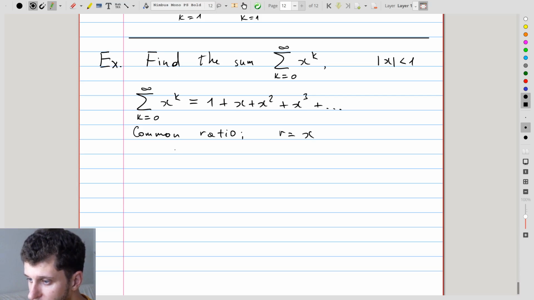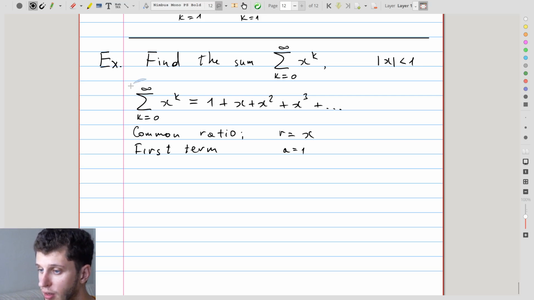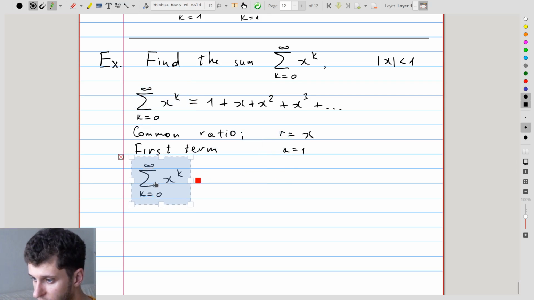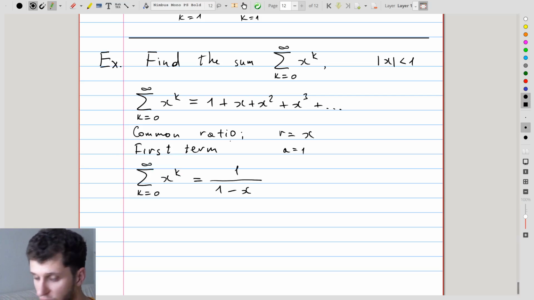The first term is equal to 1. We can conclude that the sum of this series is equal to 1 divided by 1 minus x, because that's a divided by 1 minus r.